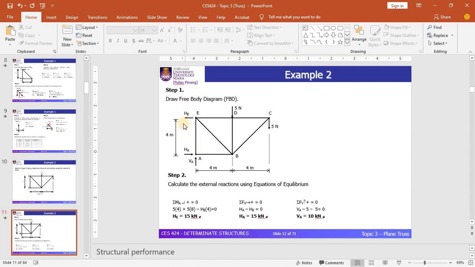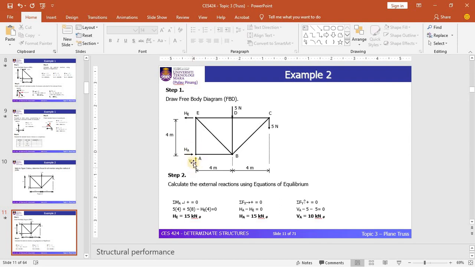So this means there are not more than 2 unknowns. You can't move to joint A because the reaction value is not determined yet.